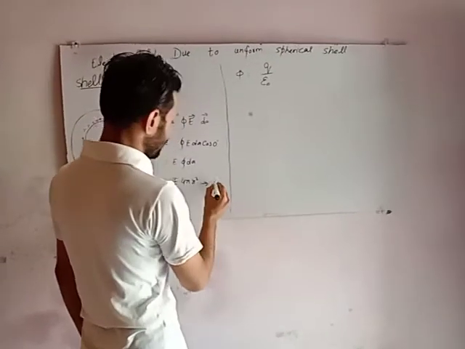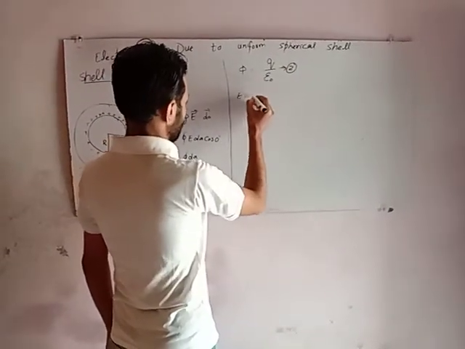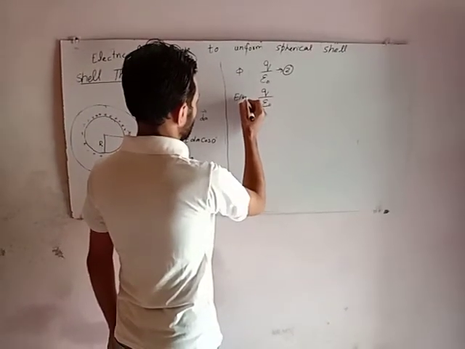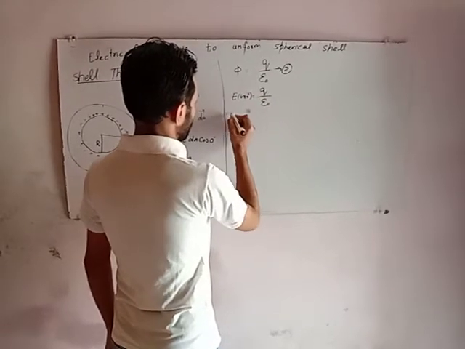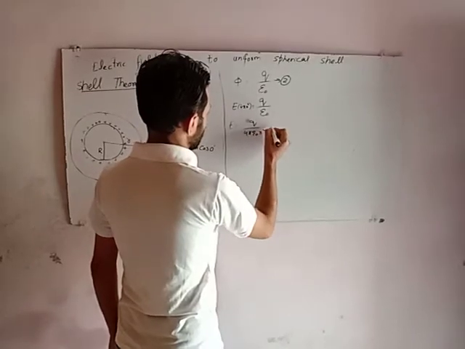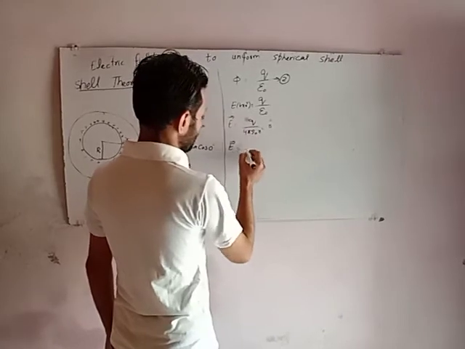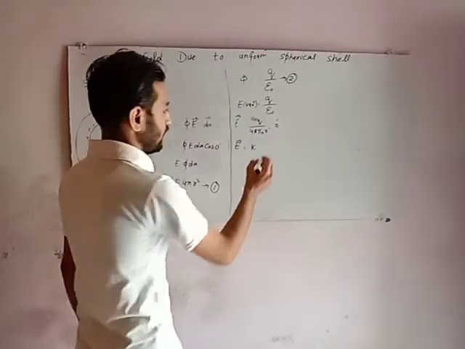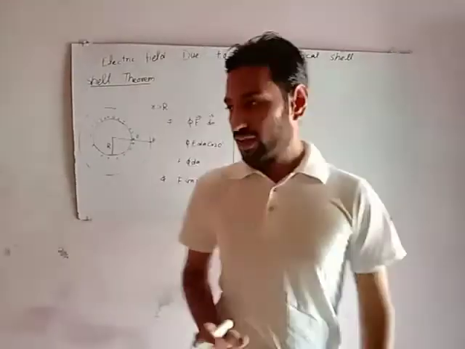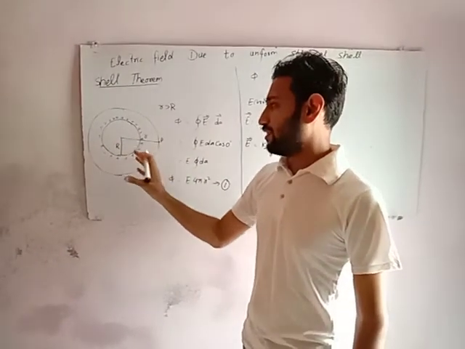So by comparing equation number 1 and equation number 2, we will get E is equal to Q over 4 pi epsilon naught r square, or in vector form, E is equal to Q over 4 pi epsilon naught r square times the unit vector r hat. And 1 over 4 pi epsilon naught is k, so kQ over r square. This is the case of a point charge. So you can see that for an external point, a spherical shell will behave like that.